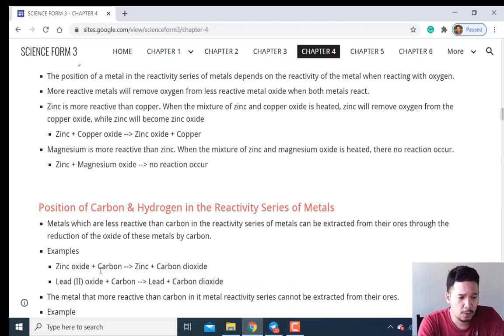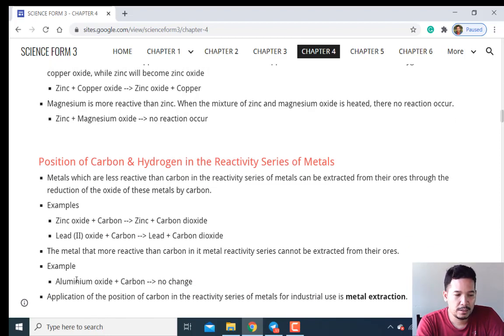Example, zinc oxide plus carbon, you will extract the zinc oxide, become zinc, and produce carbon dioxide gas. Other example, lead 2 oxide reacts with carbon, and will produce lead and carbon dioxide gas.